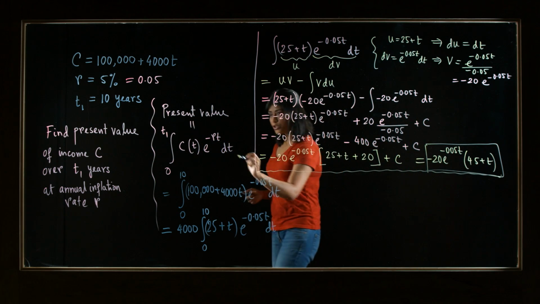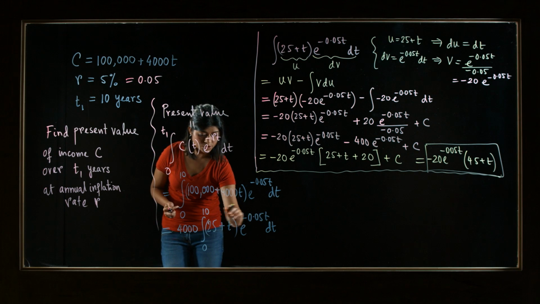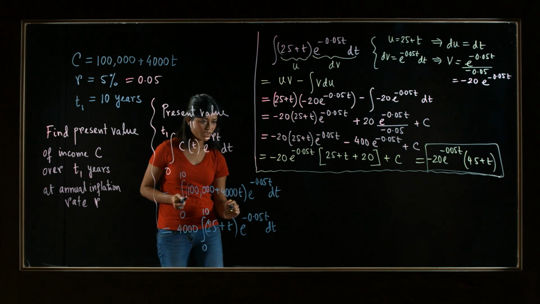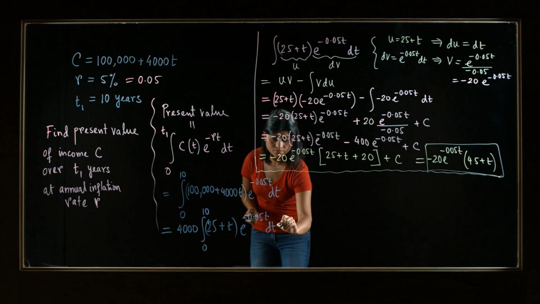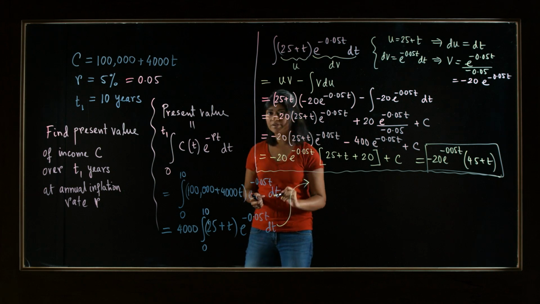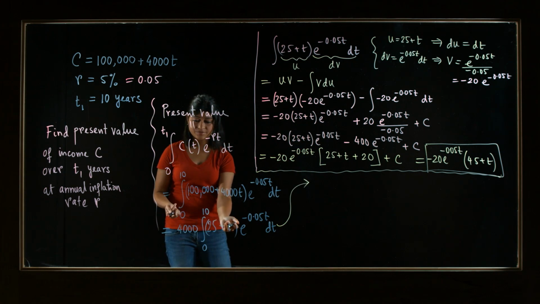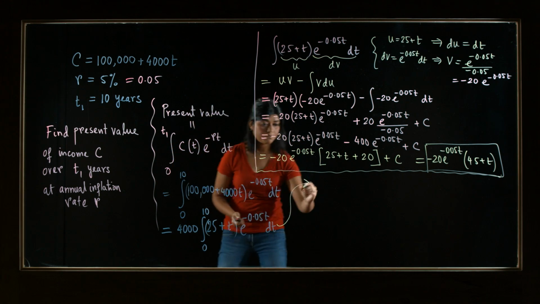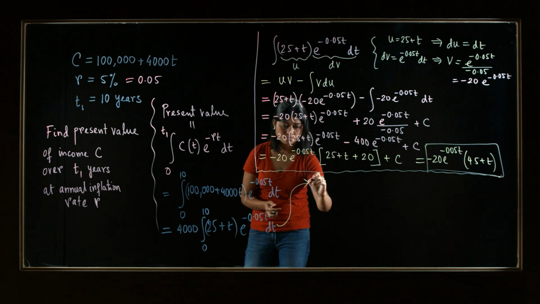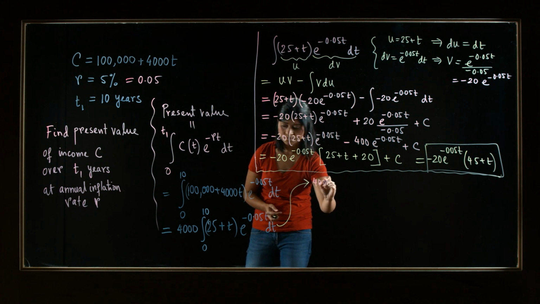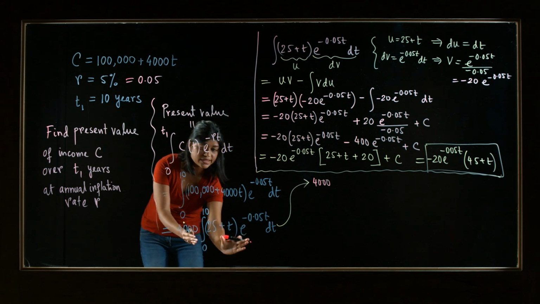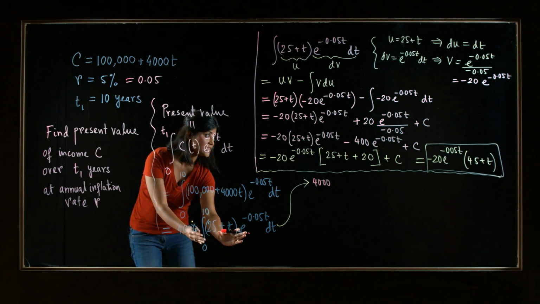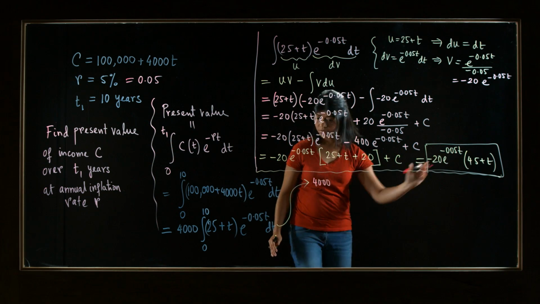Now, let's come back to our present value equation right here. And let's evaluate this integral now. This is a definite integral. Now, notice we have a 4,000. And then this antiderivative for this integral is right here.